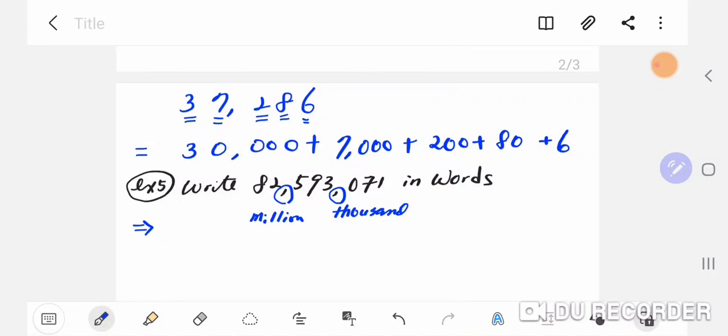So we can write 82,593,071. 82 first, followed by a comma, which is millions, so 82 million. The second group is 593, and the comma is thousands. And finally, 71. So 82,593,071. That is how we read it in words.